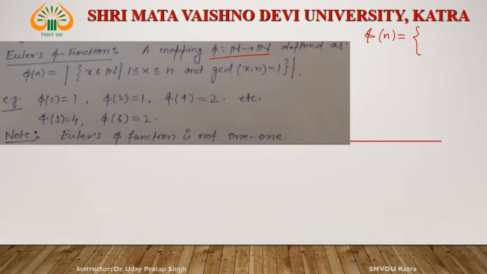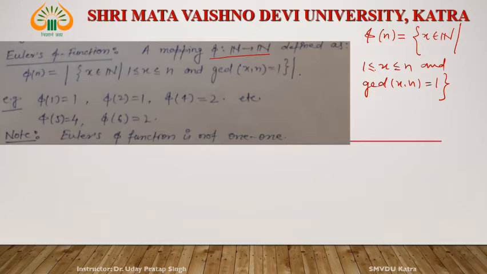Phi of n is the set of those natural numbers x in capital N such that 1 is less than or equal to x, x is less than or equal to n, and the GCD of x and n is 1. All those natural numbers which are greater than or equal to 1 and less than or equal to n, and their GCD with n is 1.